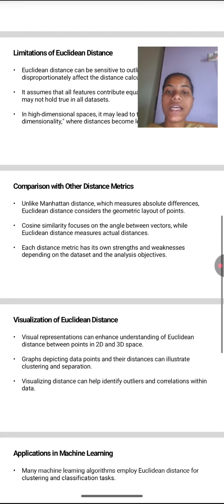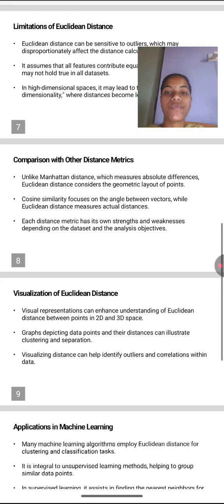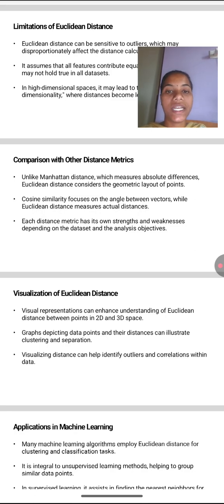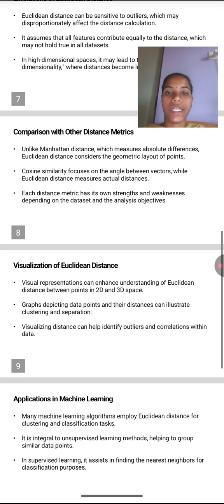And the second one is cosine similarity, which focuses on the angle between vectors, while Euclidean distance measures the actual distance between the data points. Each distance metric has its own strengths and weaknesses depending on the data set and the analysis objectives.